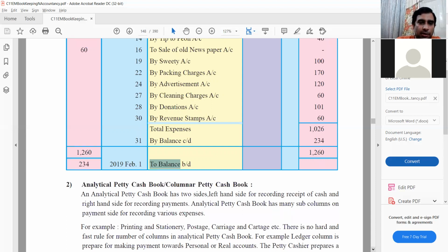Next is the analytical petty cash book, or it is also called the multi-column petty cash book. Why? Because for each type of expense, there is one column. The problem with this simple format petty cash book is that you have to actually go over all these transactions again. If you have the same type of transaction 5 times in the month, this will come 5 times. There will be 5 different rows for it, correct?